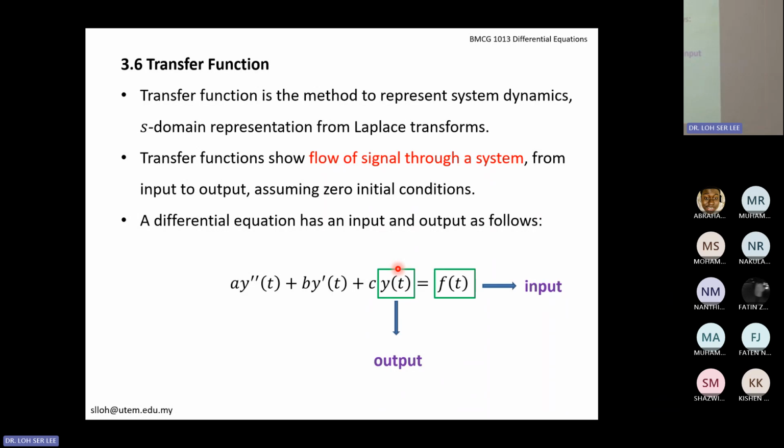So this F(t) is the input, your y(t) is the output. That means that is your solution, the final solution is y in terms of t. So this solution is the output. Whenever you have a different input, you will get a different output. This F(t), the right hand side function, is the input.